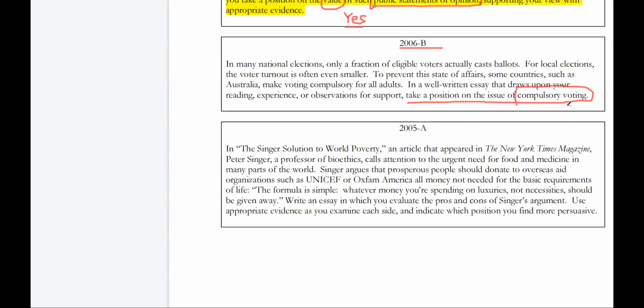So what's your position? I would say making it forced for people to vote is good, because then people aren't lazy to not put their voice in, and the government can actually do what the people want. You just say making voting compulsory is good. And that will be true, false, right?